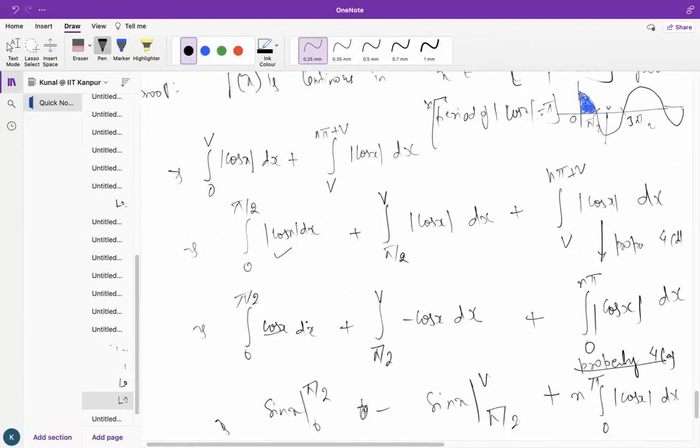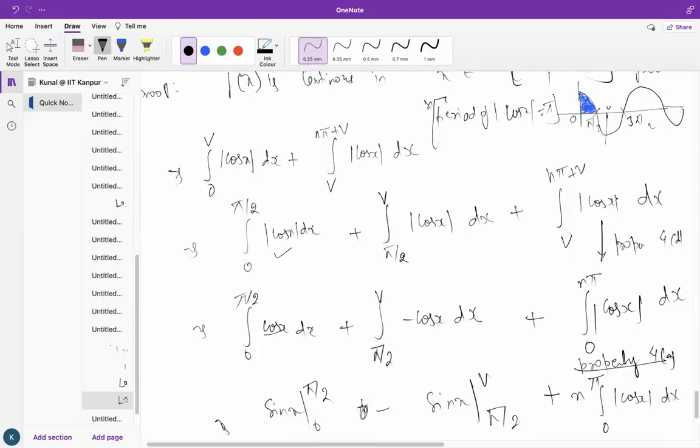Okay, and so we integrate this problem, but now in the last integral, which is from v to n pi plus v, this is of the form of property 4D, where we are integrating from a to a plus nT. Then what we have to do is apply the property 4D here.